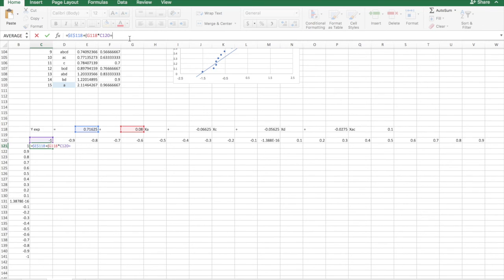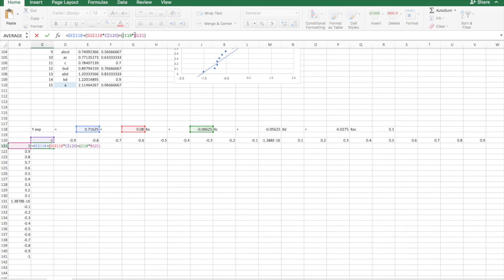So it's going to be that effect of A times, and since we want it to vary from column to column, we add a $ sign between the variable and the number, and then we're going to do the same for the C times, but it's going to be the number on the left of that row.